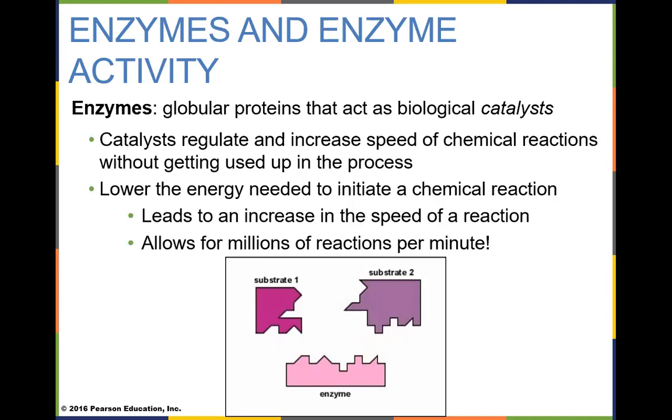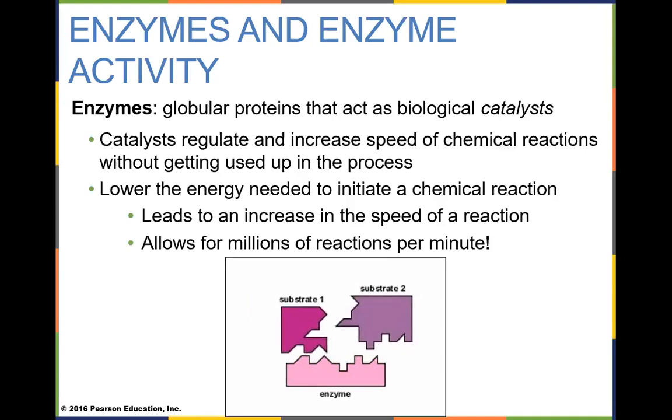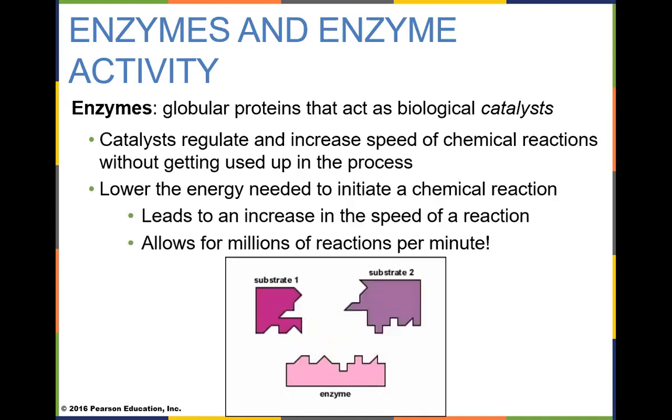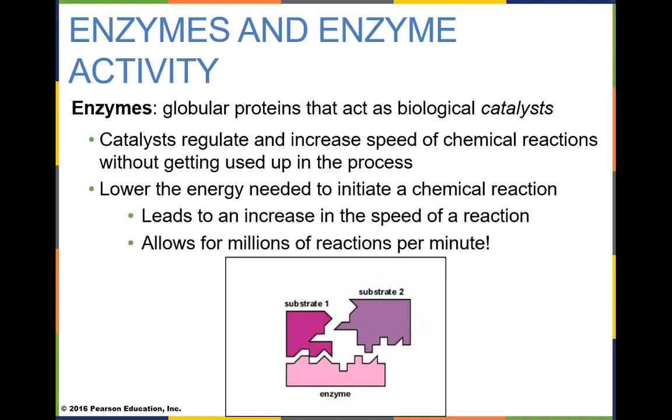Well, down at the bottom of the picture there, you've got that enzyme, and the enzyme is just a protein. The enzyme has what we call active sites on it, and it will cause a chemical reaction to occur.